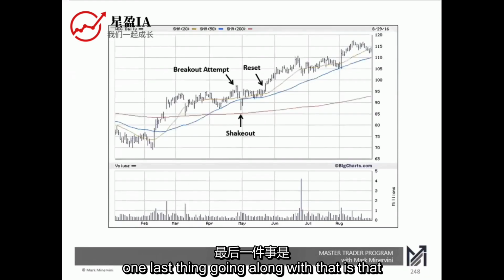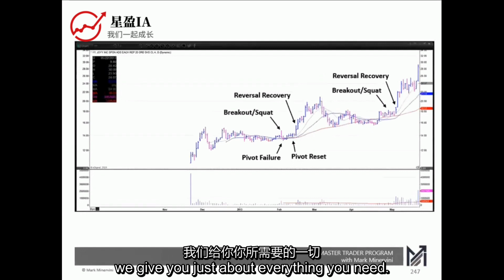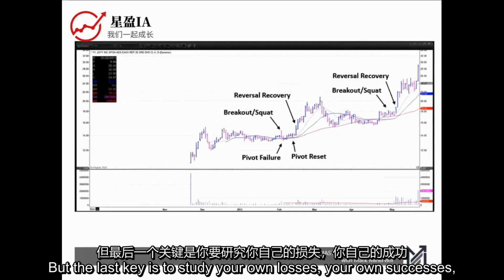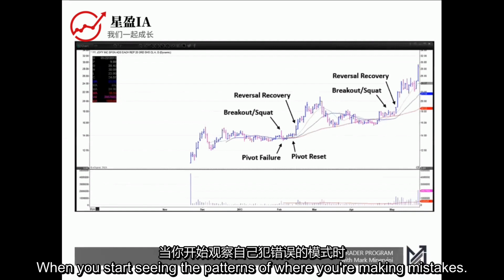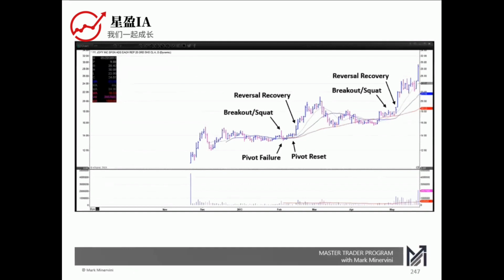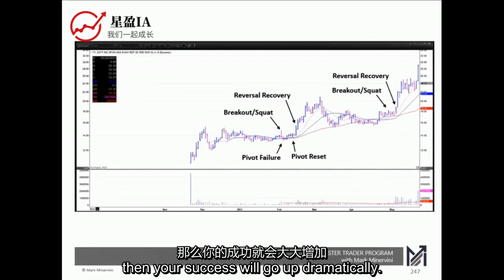Yeah, and Mark, one last thing going along with that is that you said we give you just about everything you need, but the last key is to study your own losses, your own successes, because that's where it's all going to come together when you start seeing the patterns of where you're making mistakes. And if you can start cutting down on those mistakes, then your success will go up dramatically.